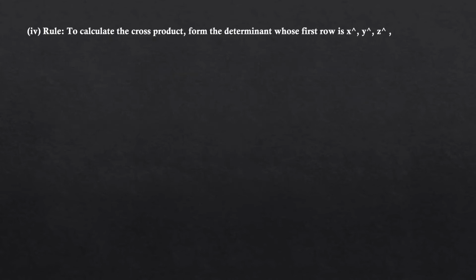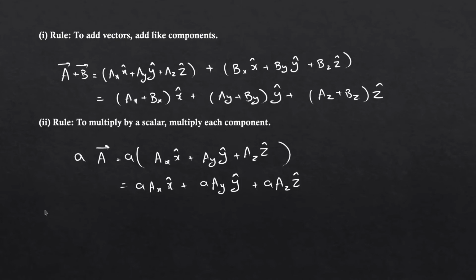Now the next one, the third one, is if you want to multiply a vector with the dot product notation that we have seen.